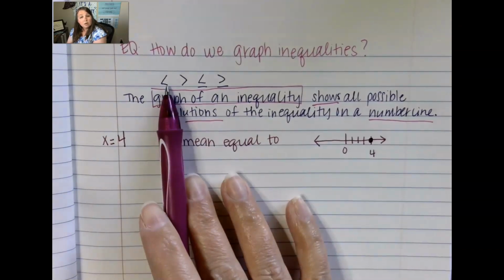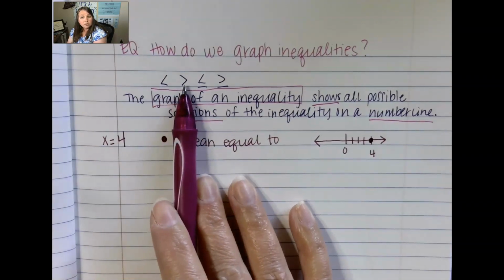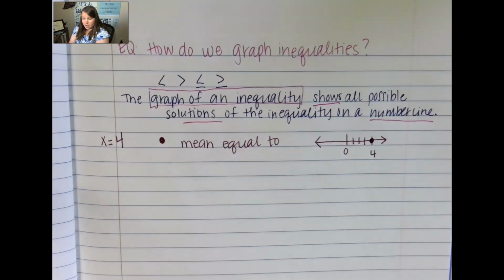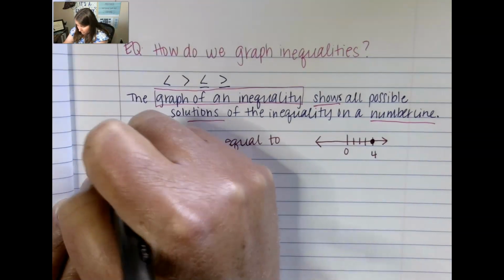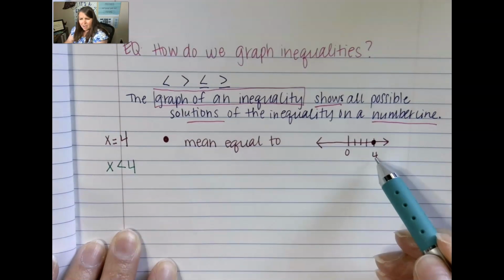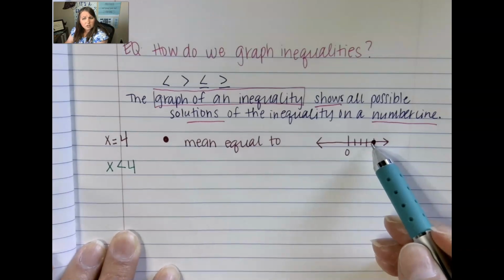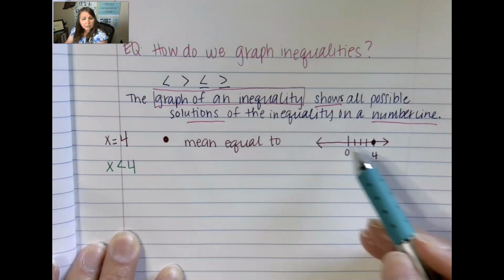When we're using inequalities though, we have these dots here that don't include 4. So let's say that I were to say that x is less than 4. That means that 4 is a number, but we're not using the number 4, right? Because all of our answers have to be less than 4. So anything under 4 is included.